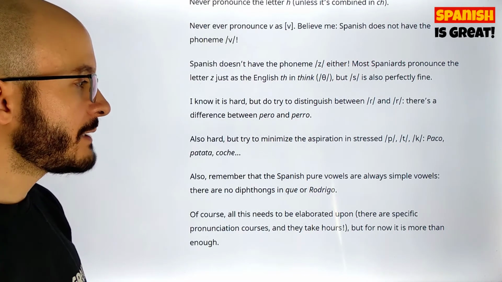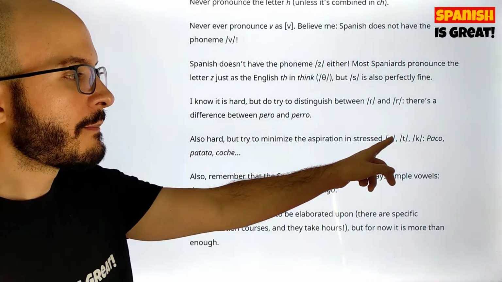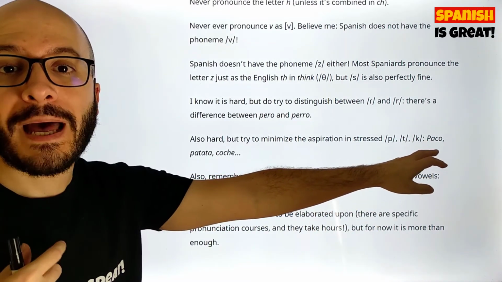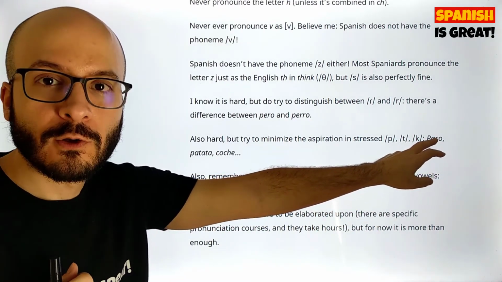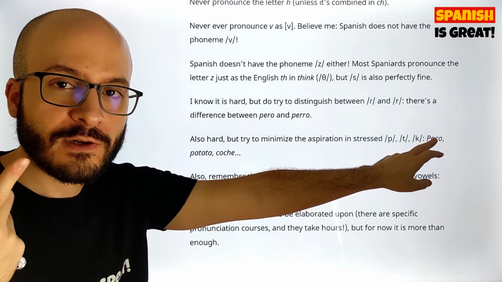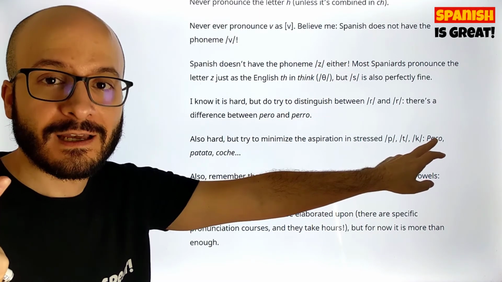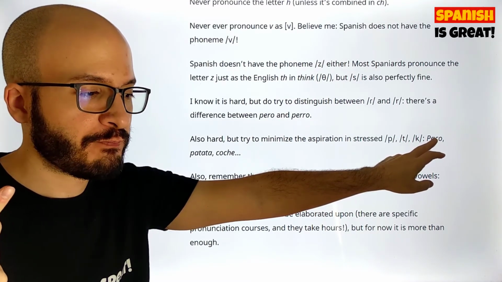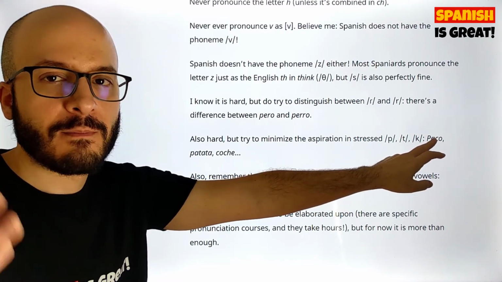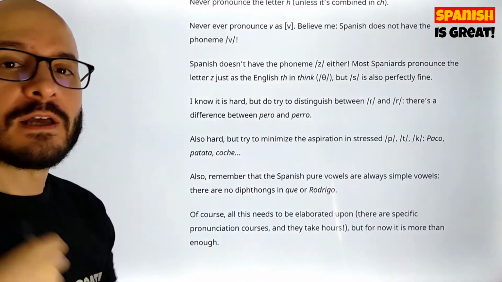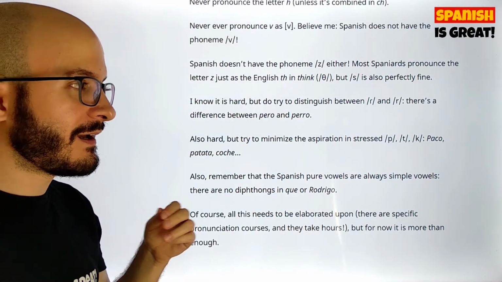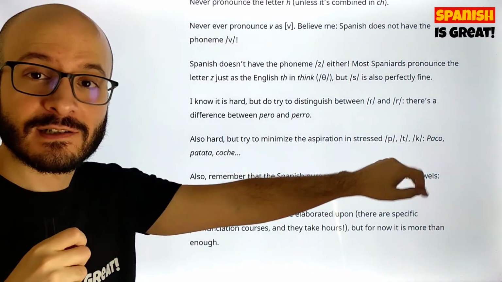Also hard, but try to minimize the aspiration in stressed P, T, K. So for example, Paco, not Paco, like English speakers say it. Actually, there is this Friends gag where Joey is doing some movie with some super famous actor, and this actor is spitting all the time on his face, and actually it's always on these letters, no?